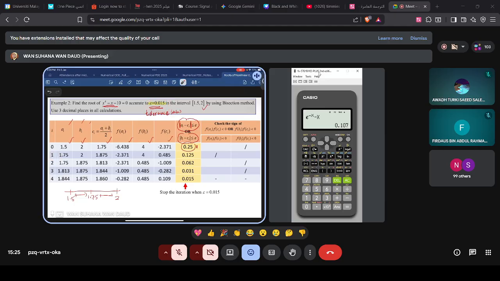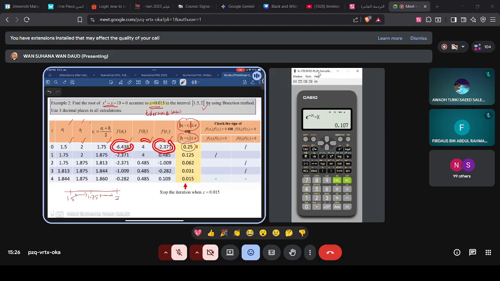To continue the iteration, we need the new A and the new B. How do we get the new A and the new B? You need to check the sign as we have discussed before, according to the intermediate value theorem. In this case, we check FA, FC, no different sign.